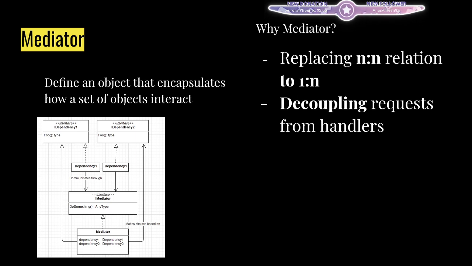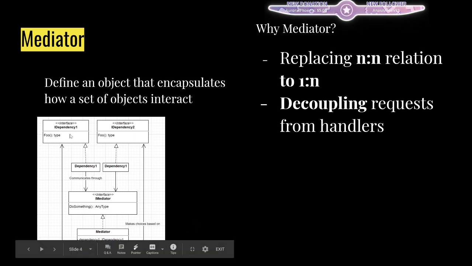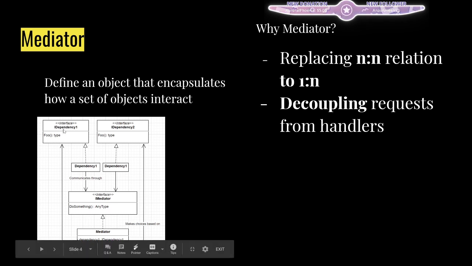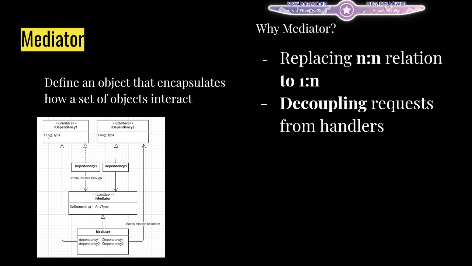How does it look in UML? If you look at the class diagram and at the official definition of mediator in the design patterns book, it says that mediator defines an object that encapsulates how a set of objects interact. So here we have two dependencies, and those dependencies make a choice, let's say, if something happens here.